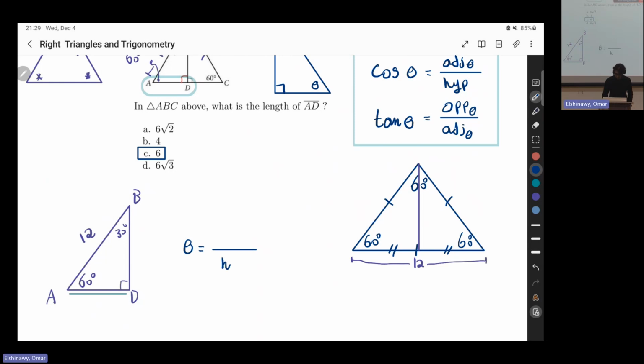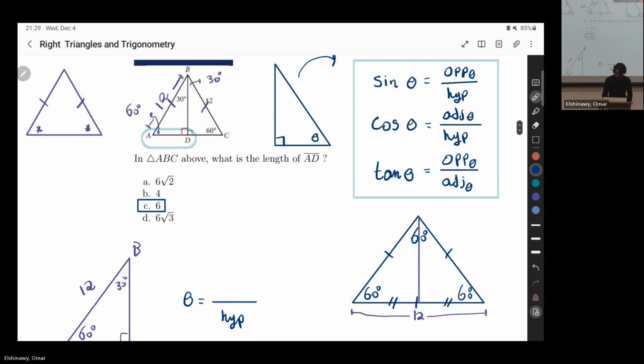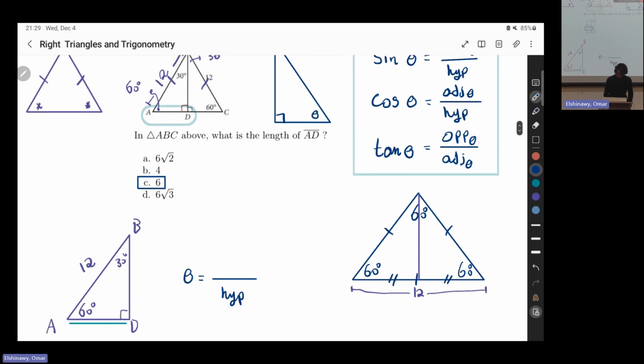It will be something divided by the hypotenuse. Choose whatever you want. Do you want the 30-degree angle or the 60-degree angle? Which one do you like more? 60. Okay, then here's the tricky part.